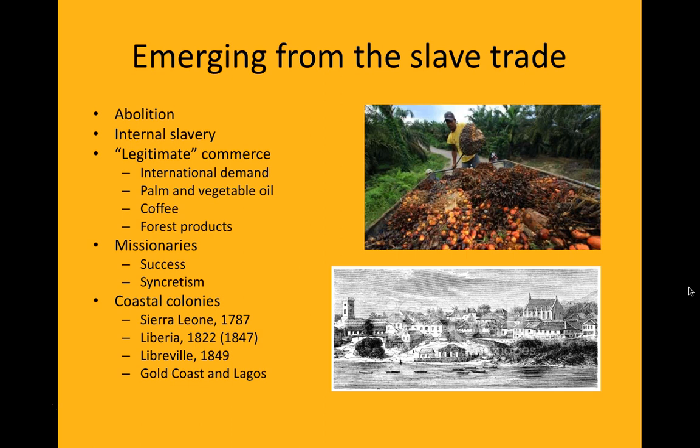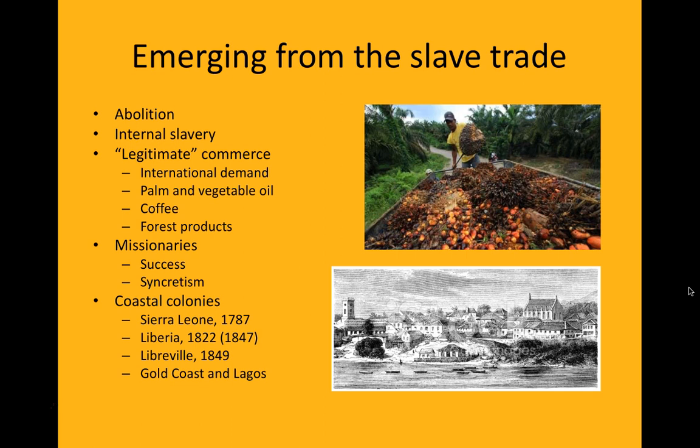These were all kind of these freed slave colonies. Now, the British and others, especially the British, but the French are beginning to get interested too, also stepped up their involvement in trade in the continent, in these goods of legitimate commerce that we talked about.